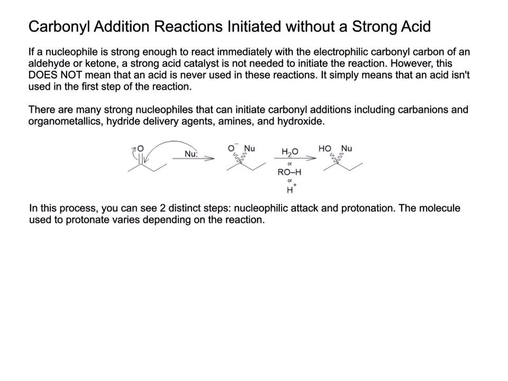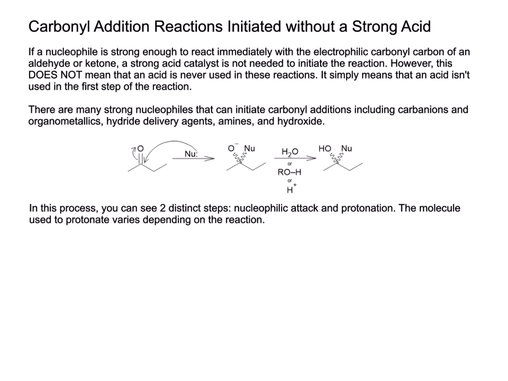Here is the general mechanism for a carbonyl addition reaction initiated without a strong acid, or initiated with a strong nucleophile. In the process, you can see two distinct steps. First, we have a nucleophilic attack at that carbonyl carbon position.